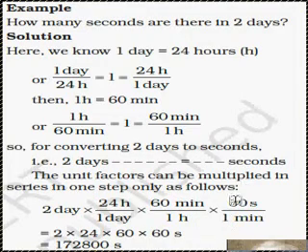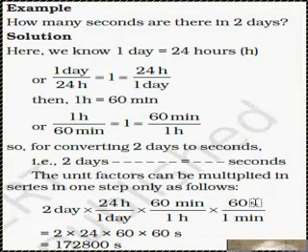Now how to write it down? We will just understand and remember the technique. We need the value in seconds and we have 2 day. So we have written 2 day and we want the value in second. So in writing down the unit factor, we have written second in numerator.